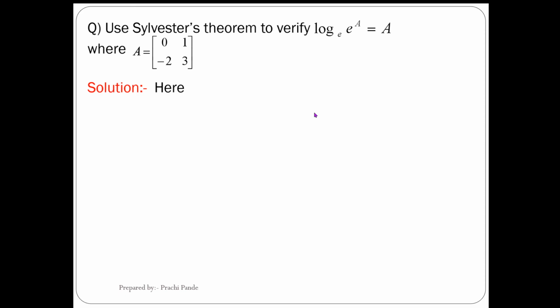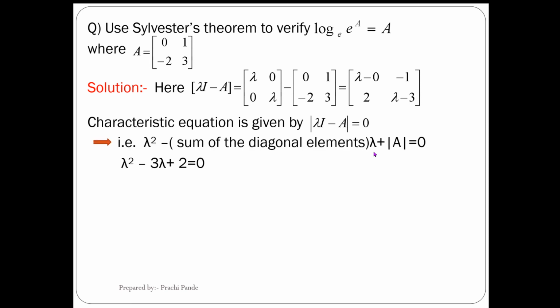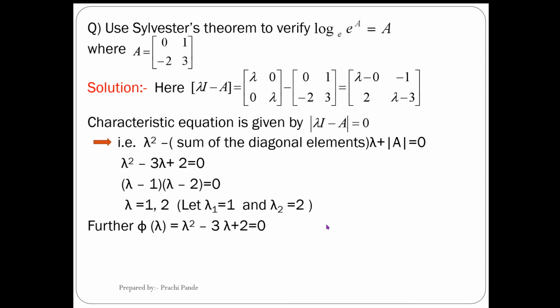So first of all, find matrix lambda I minus A, which is lambda minus 0, minus 1, 2, lambda minus 3, and the characteristic equation is given by lambda square minus 3 lambda plus 2 equal to 0. The roots or eigenvalues that we obtained are distinct, and let's denote them by lambda 1 and lambda 2, which are 1 and 2 respectively.